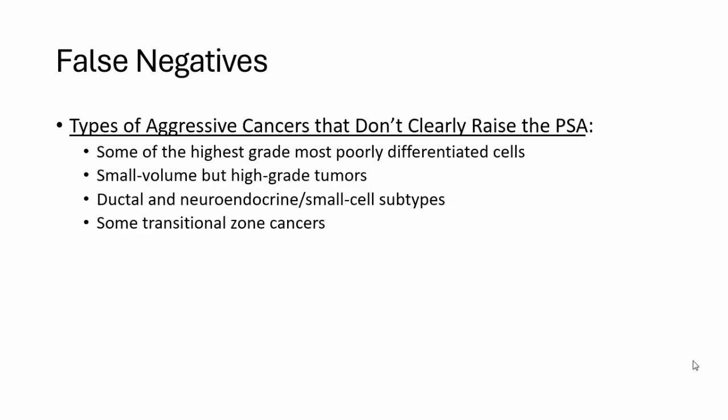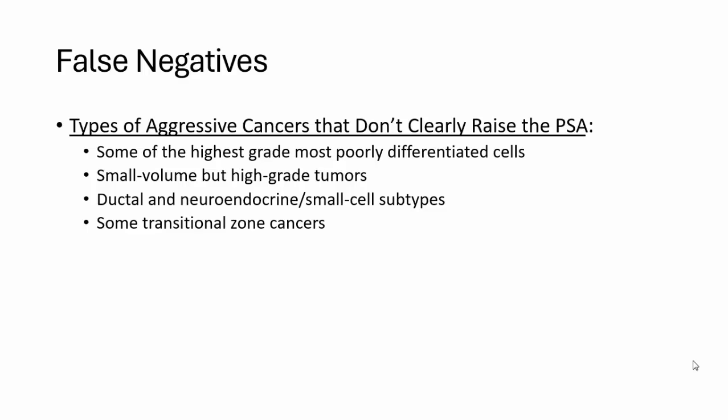I'll also briefly touch on false negatives. There are a variety of types of prostate cancer that don't clearly raise the PSA. Some of the highest grade, most poorly differentiated prostate cancer cells don't secrete PSA, which makes sense if you think about it. If that prostate cell has changed so dramatically based on the cancer that it doesn't really look like a prostate cell anymore, it's not going to create PSA.